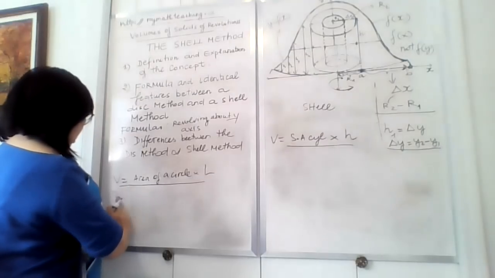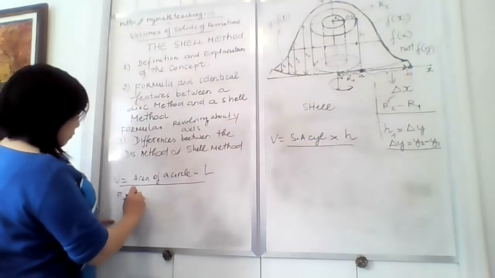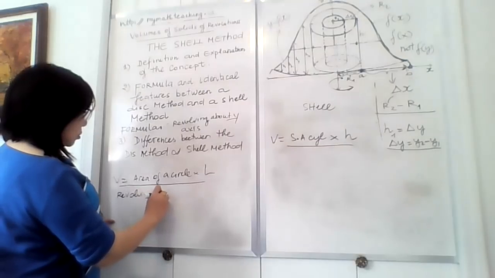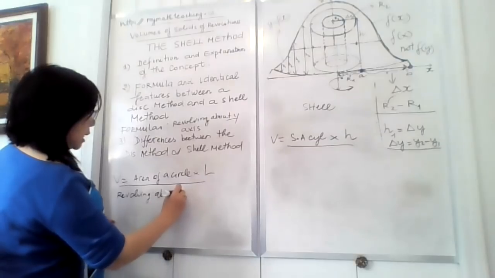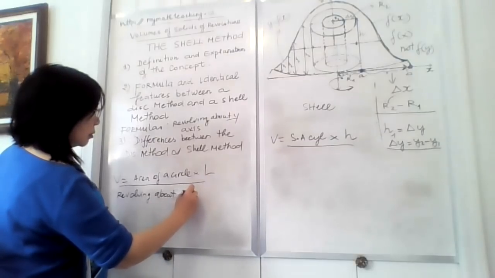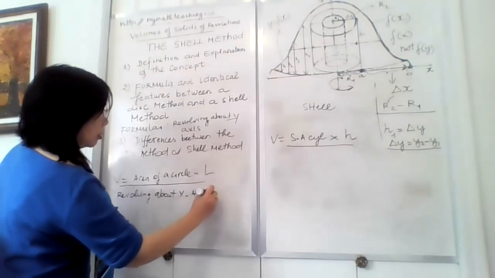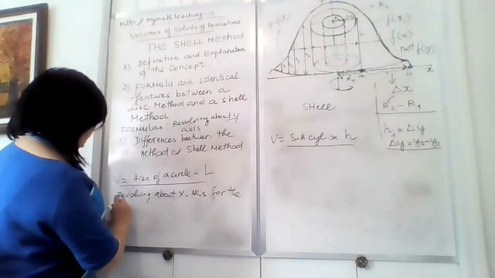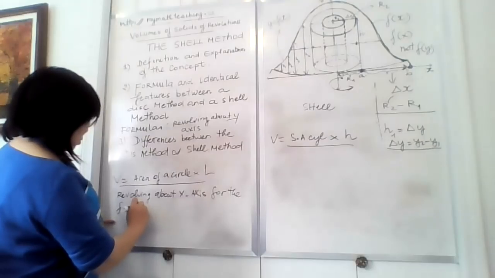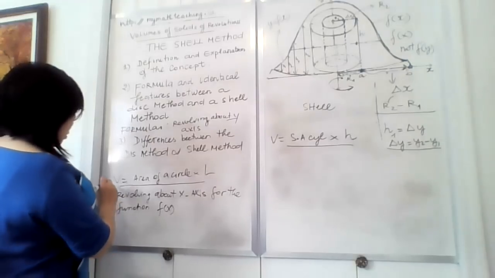In this method, we revolve around the axis for the function f of x. That's the second thing we're talking about.